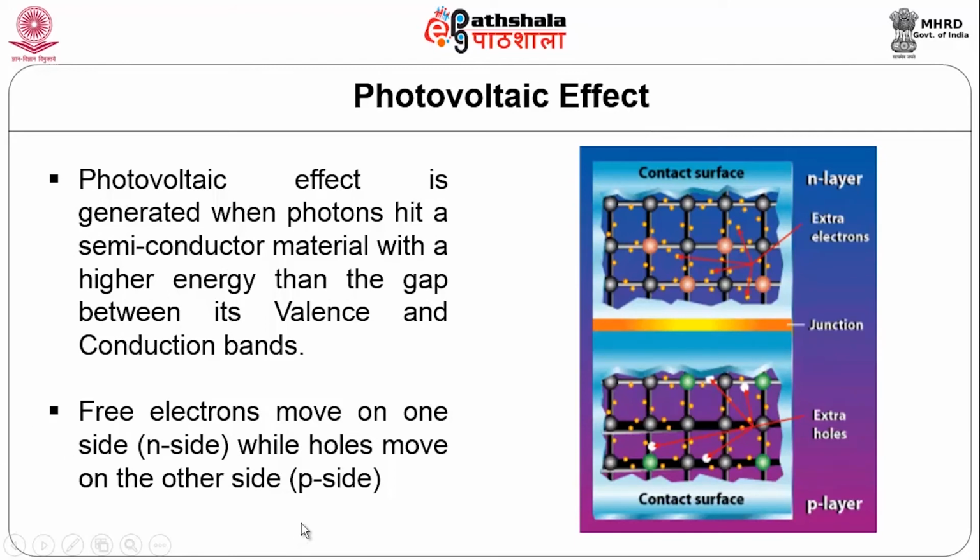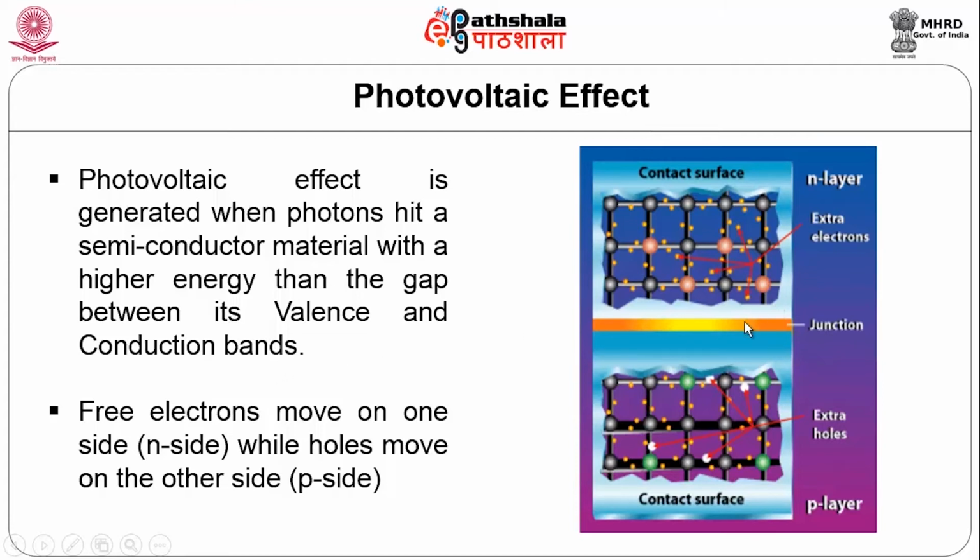And this is about the photovoltaic effect. The photovoltaic effect is generated when photons hit a semiconductor material with higher energy than the gap between its valence and conduction bands.